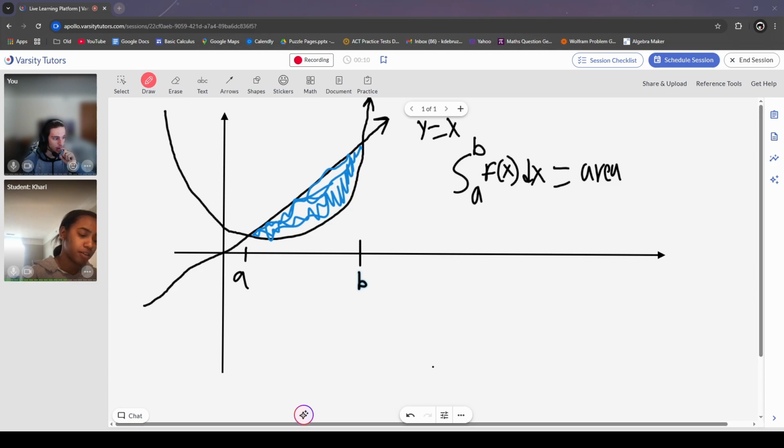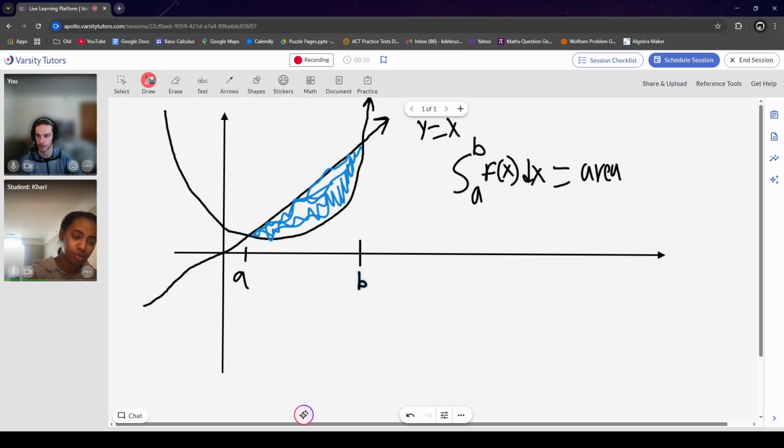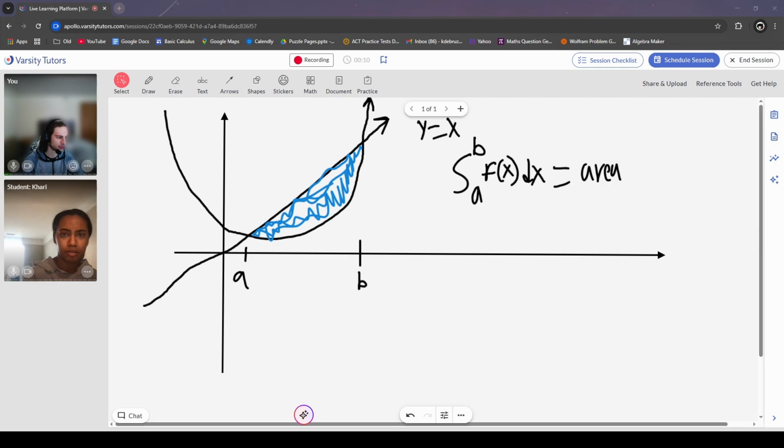I feel like the way my professor has been explaining it, and the work that he shows to provide his explanations, it's just not clicking for some reason. Sure. And so it's mostly just, if you're given a definite integral, you're not sure how to compute it. Yeah. Okay, we can do that.